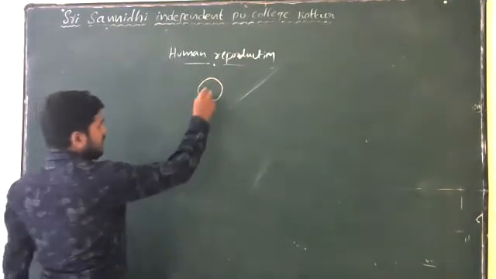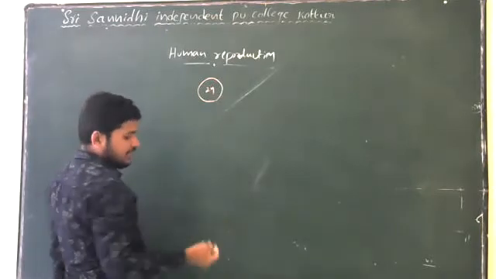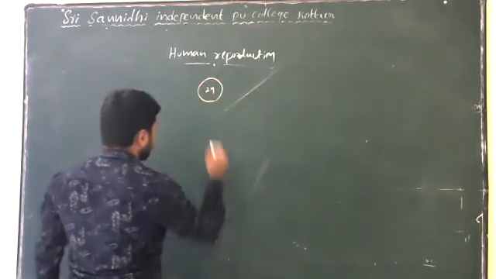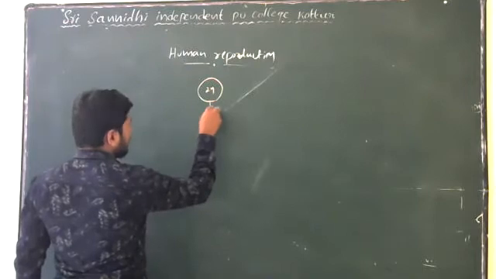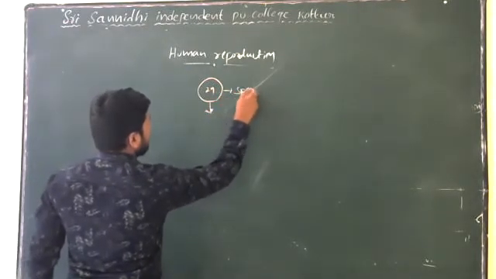The male germ cells from the germinal epithelium are called spermatogonia.